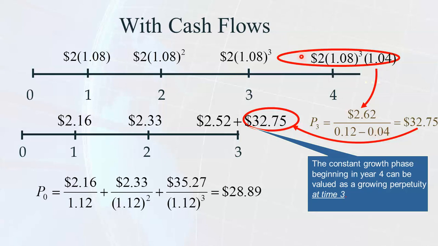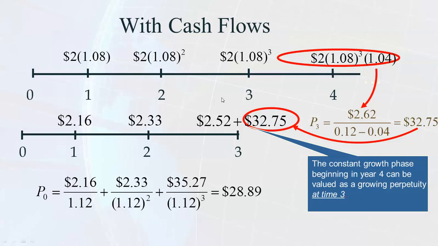So dividend 4, which grows at the constant dividend growth rate, divided by R minus G is going to give you the price at time 3. Okay, so price at time 3.